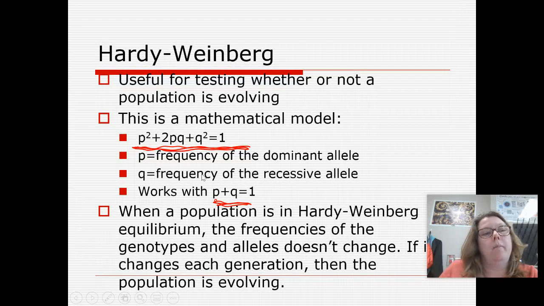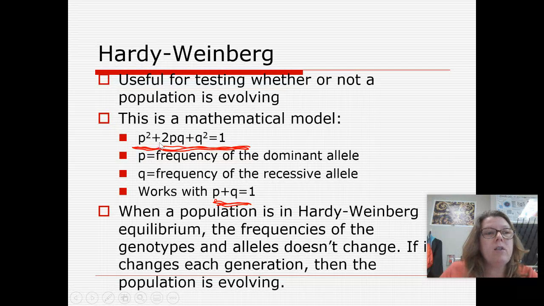As far as Hardy-Weinberg is concerned, if p represents the dominant allele, then p squared is the frequency of a specific genotype, the homozygous dominant genotype. 2pq has both p and q in it.